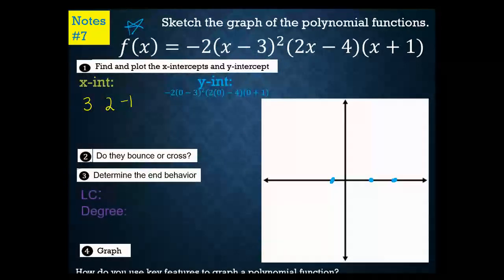Okay, now we got to find the y-intercept. That means wherever you see an x, you plug in a 0. And so here it is done for you in blue. So finding the y-intercept, you plug in a 0. And then we have to do that math. So I'll wait for you for just a minute.